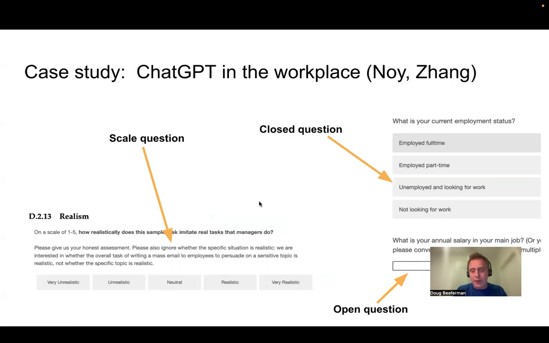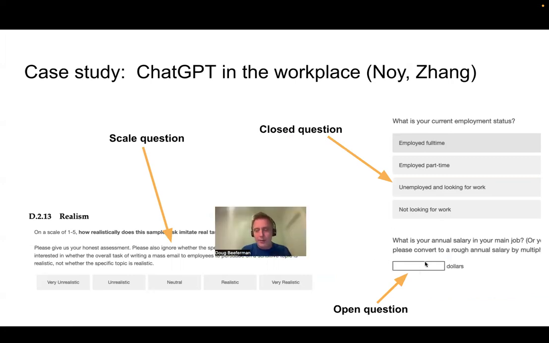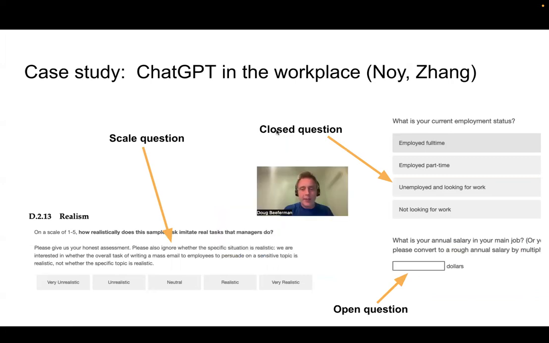An open-ended question is one where you can type in any answer or number. And a closed question would be one where there's some small fixed set of choices that you can make. A subtype of closed-ended questions that is very common in surveys, especially where you're asking for attitudes or opinions, is scale questions, where you have a small number of possible answers, like on a scale of 1 to 5, how realistically does this task imitate real tasks that managers do?